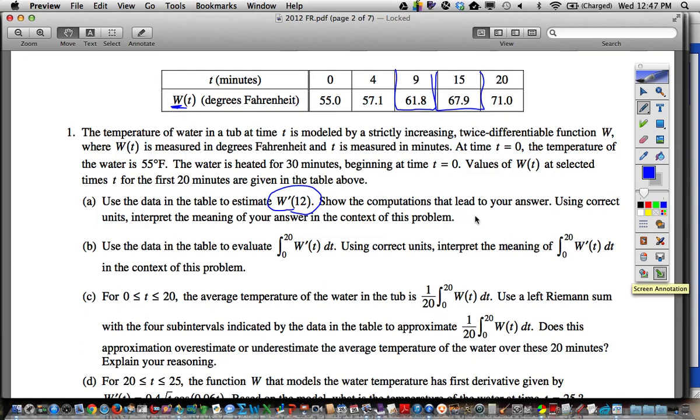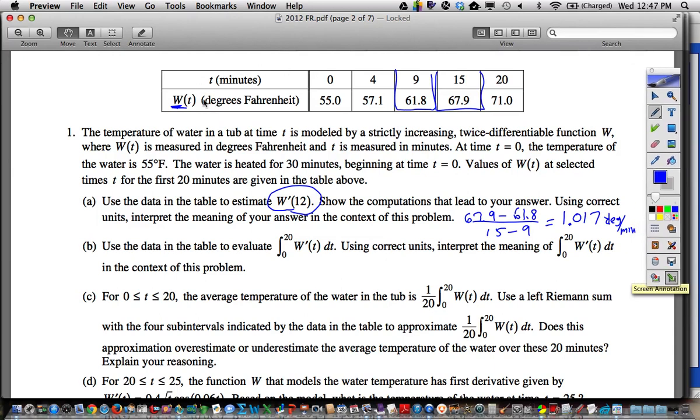So when they say show the computations, this was the actual AP test in 2012, and what they wanted to see on your paper was as simple as this. Those numbers written out, 15 minus 9, and so on. You could use a calculator, so you do the calculation, and what did it come out to? 1 point something? 1.017, and remember 3 decimal places. And this would be degrees per minute.